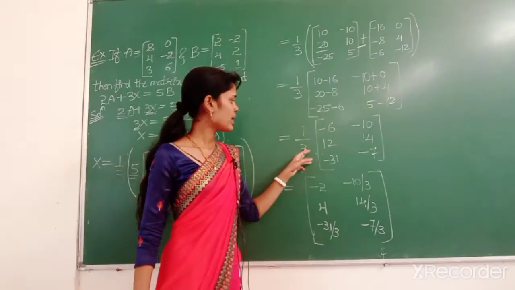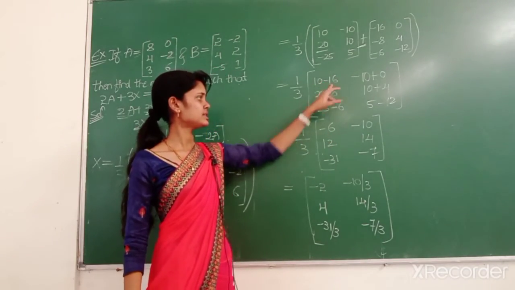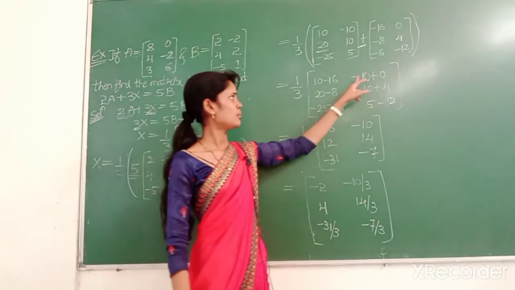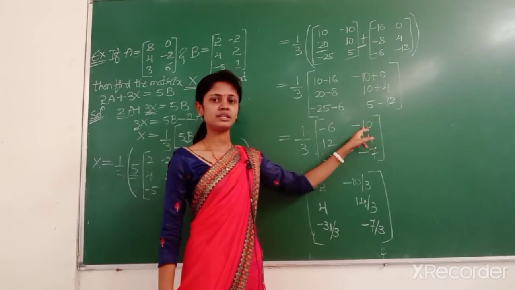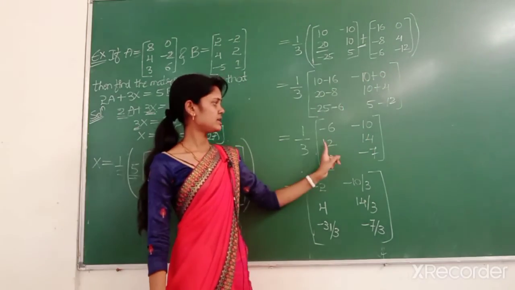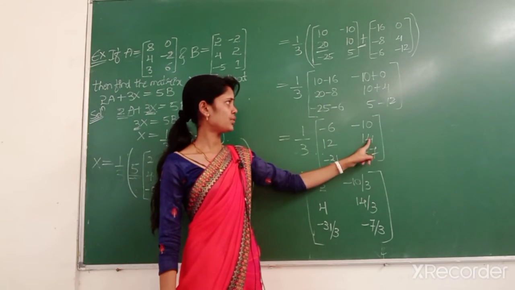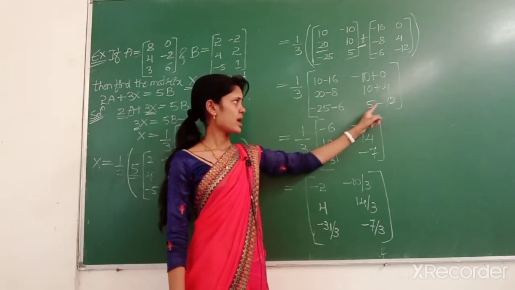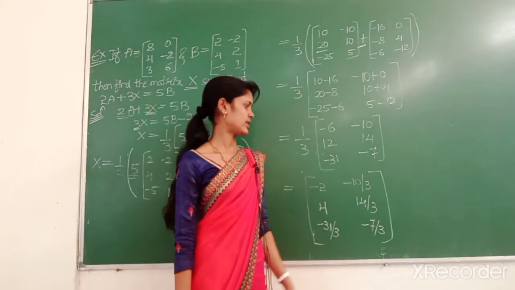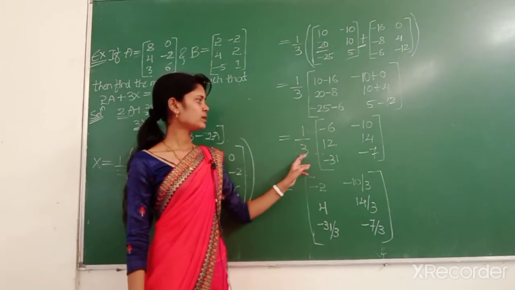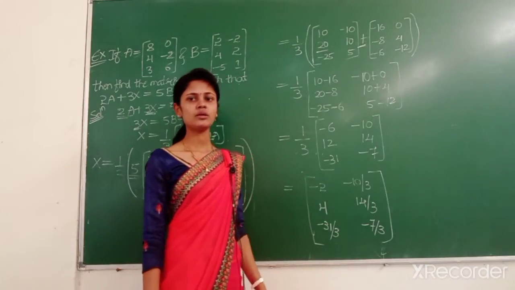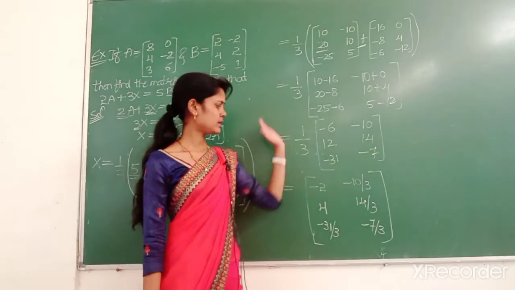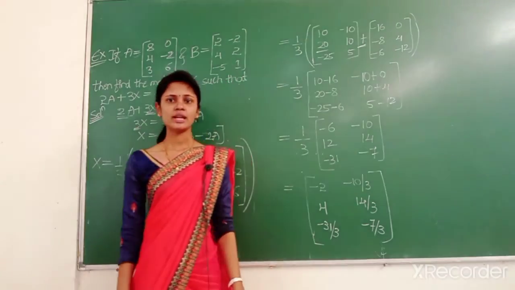Then 1 by 3 into: 10 minus 16 is minus 6, minus 10 plus 0 is minus 10, 20 minus 8 is 12, 10 plus 4 is 14, minus 25 minus 6 is minus 31, 5 minus 12 is minus 7. Then 1 by 3 into the matrix is there. So 1 by 3 must be taken inside the matrix.